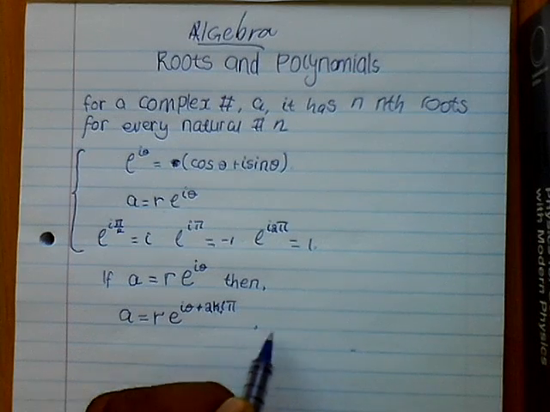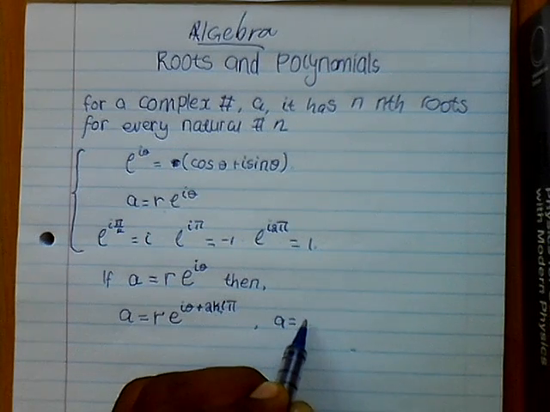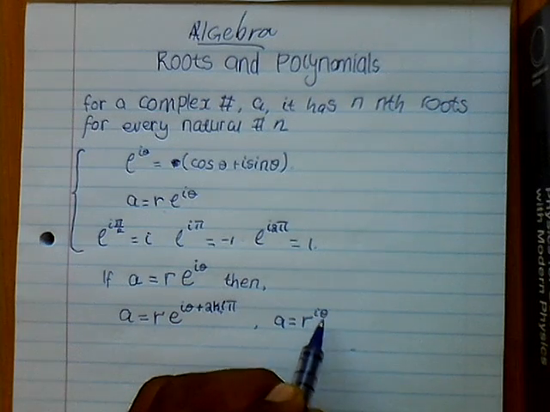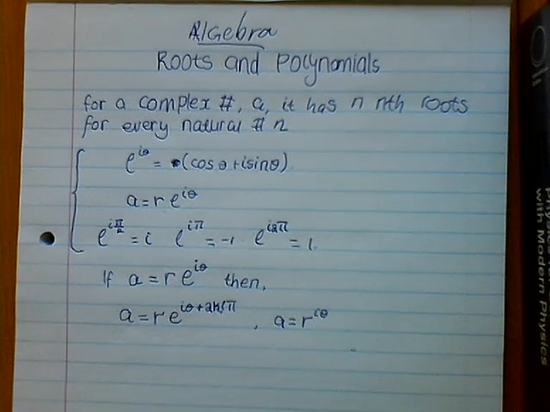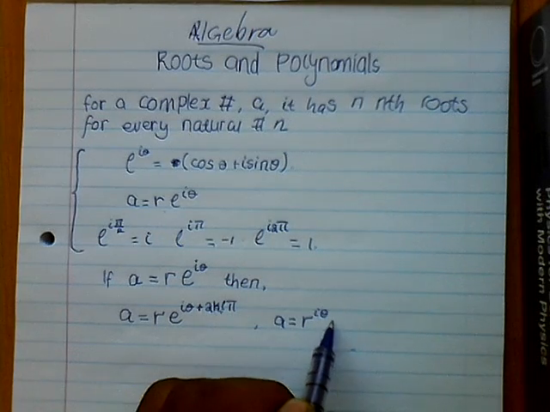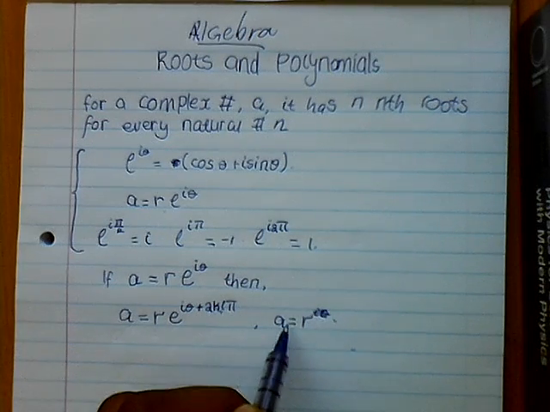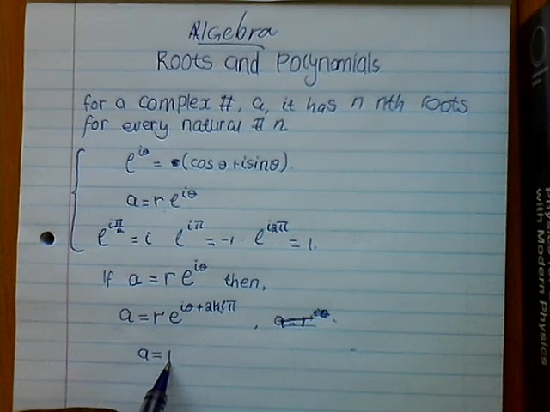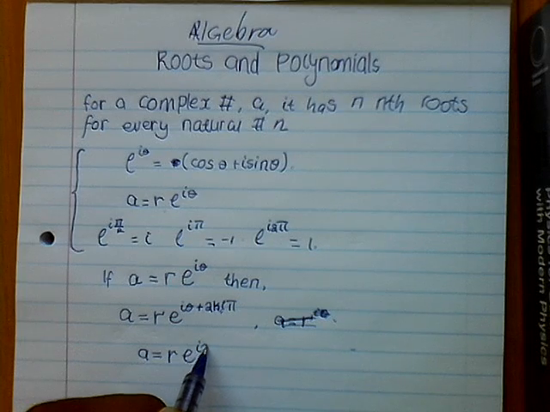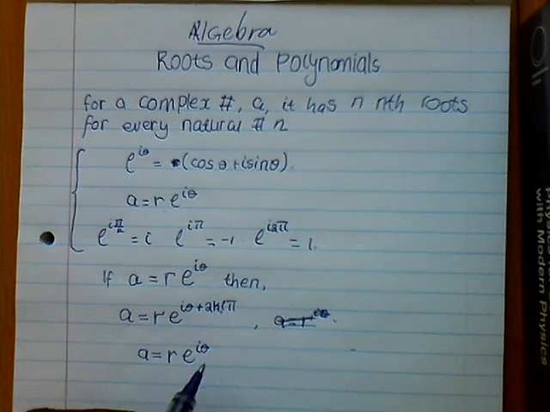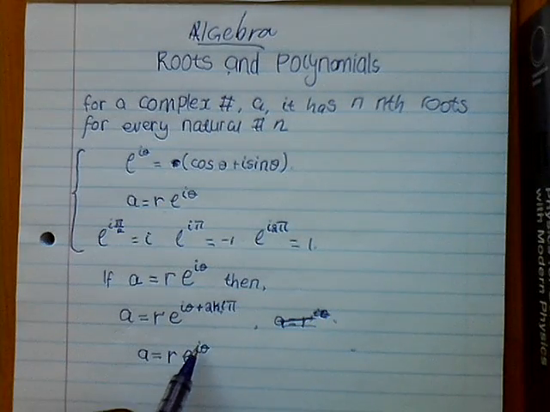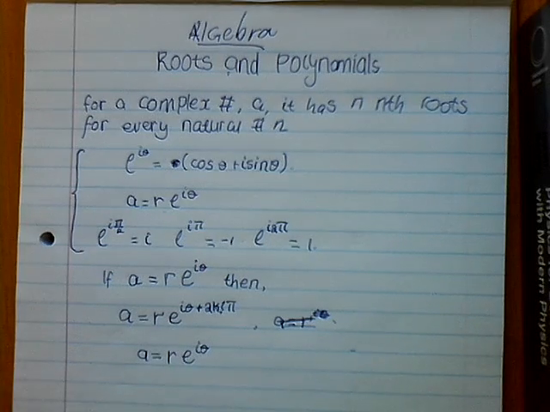We said a is equal to r e to the power of i theta, and because we want to simplify matters for ourselves to be able to work with roots and polynomials, we're going to multiply this by 1.